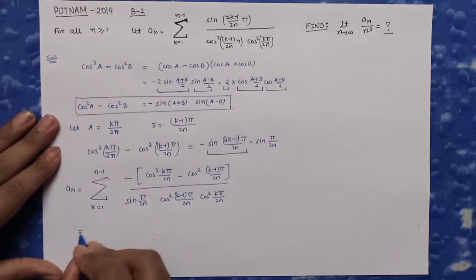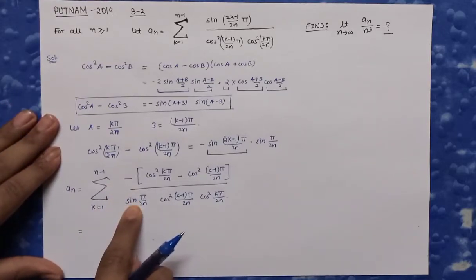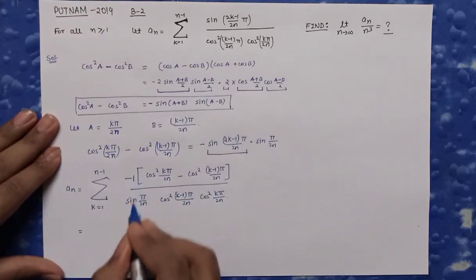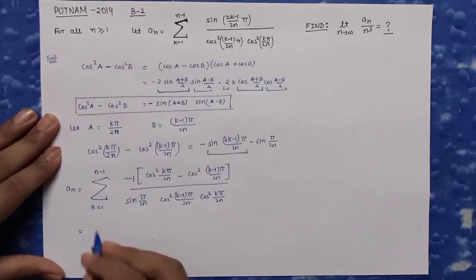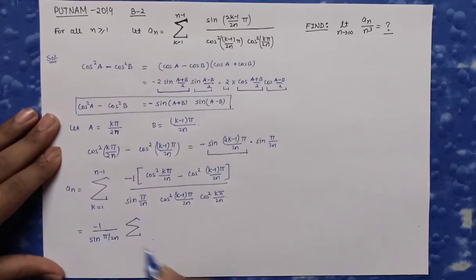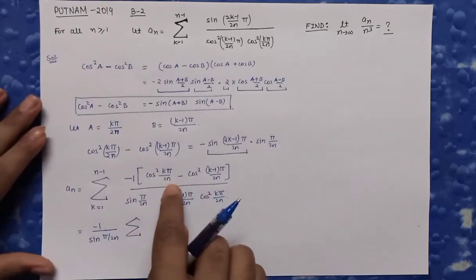Now in the next step, let's take the minus and sin(pi by 2n) outside, because this is minus 1 and this is also a constant, so we can take it outside this summation. So I can write it as minus 1 by sin(pi by 2n), and let's make partial fractions.